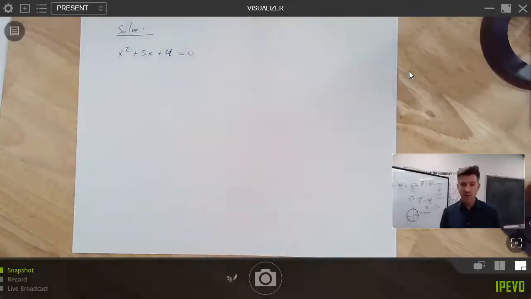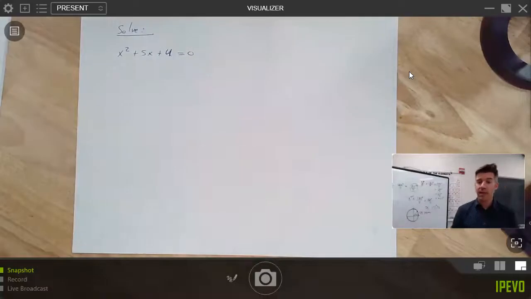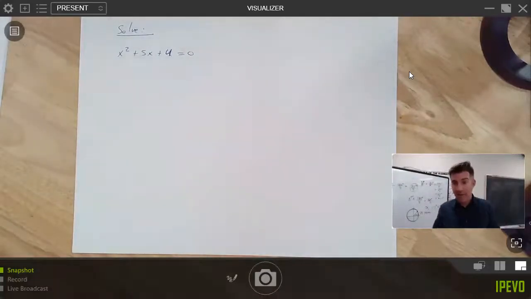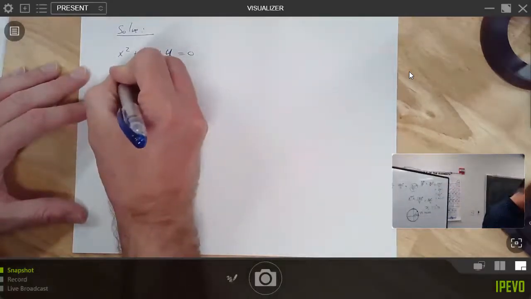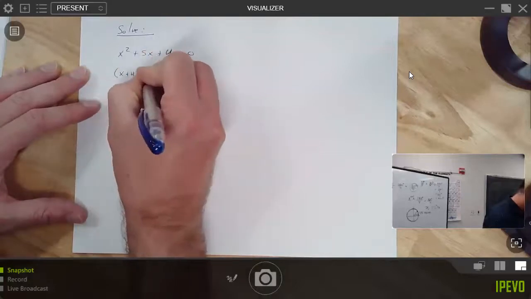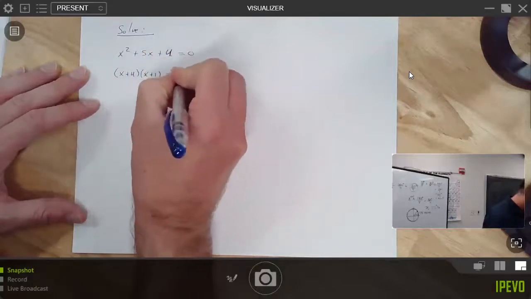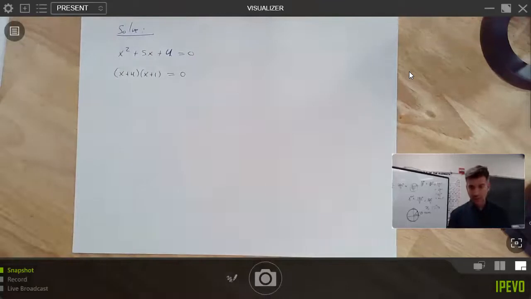You can solve these however you want. Typically, my go-to method is factoring if I can do it easily, and then usually the quadratic formula if I can't. I don't usually mess around with anything else, although there are other methods that work. This one I am going to factor. It's going to factor as x plus 4 times x plus 1 equal to 0.